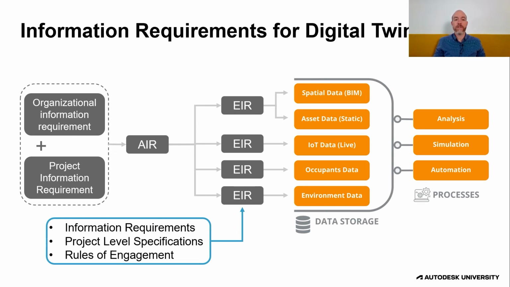Because as much as there are information requirements up front that need to be passed on, there may also be stuff that's transferred into project level specifications so that it can be executed by the construction team. There are also rules of engagement, because some of this stuff may not even be developed for years. So for example, this is something that might start small on a particular group and start to grow from there. We might not know which system it's going to be incorporated into yet, or we don't have that system installed yet, but we need to know that there's connectivity.